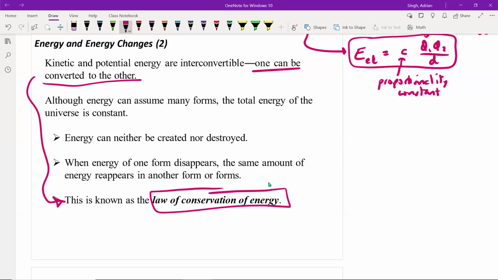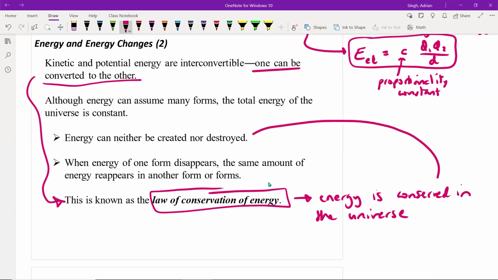In a nutshell, energy is conserved in the universe. By extension, energy can neither be created nor destroyed, but it can be converted from one form to another.